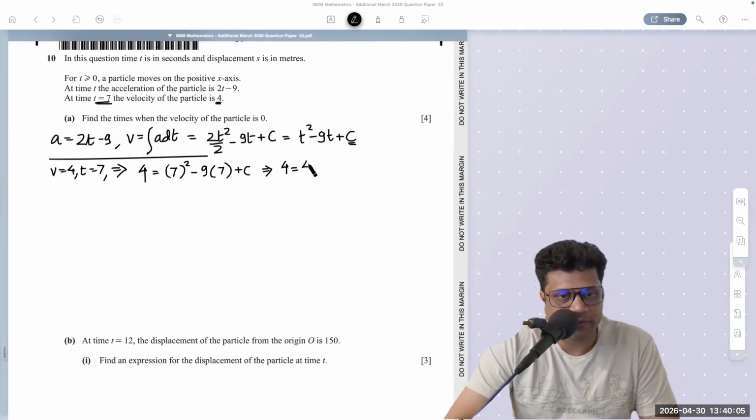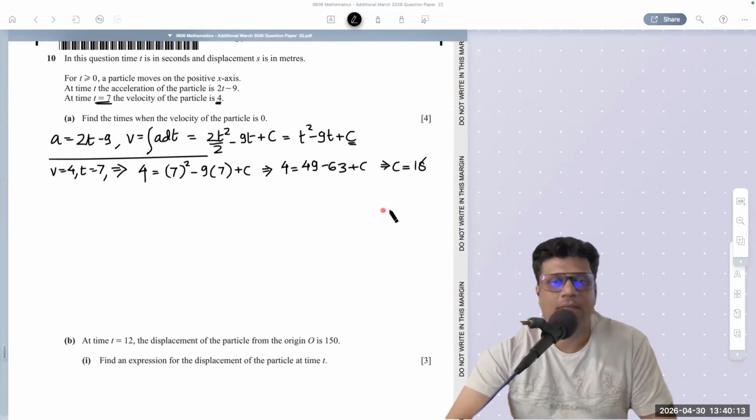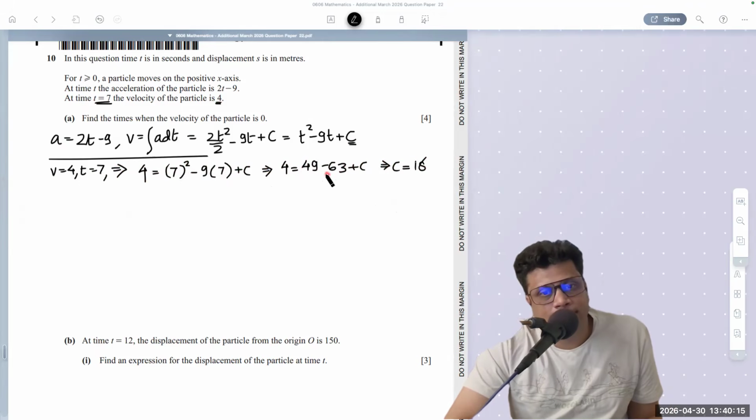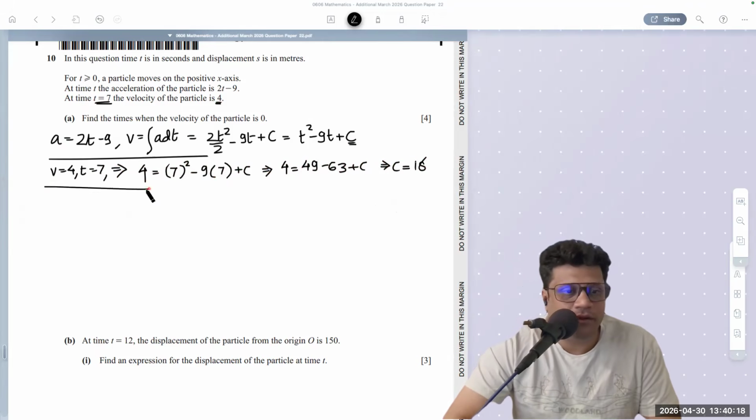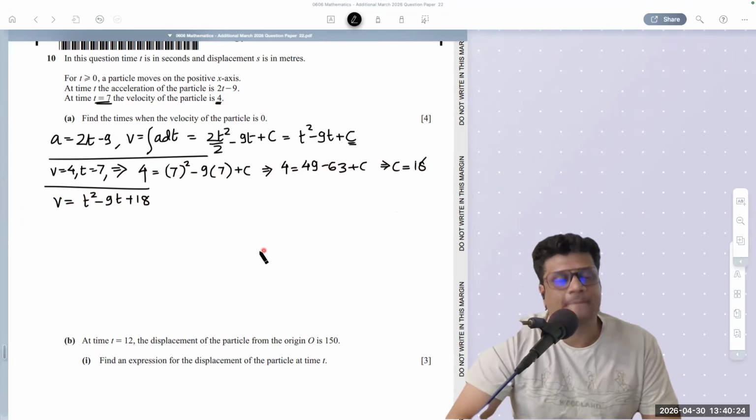So 4 equals 49 minus 63 plus c, which means c is 18. Okay, so the velocity is actually t square minus 9t plus 18.